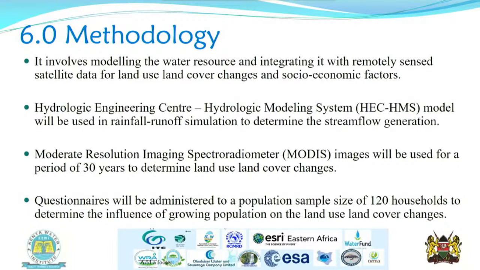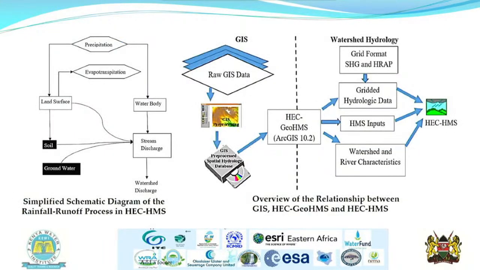The images will be used for a period of about 30 years to determine land use and land cover changes. And also, as I said, the questionnaires will be administered to about 120 households. That information will be integrated with the changes we find in the MODIS images and also the hydrologic modeling system. And finally, that will give us an integrated planning mechanism on how to manage the water resource.